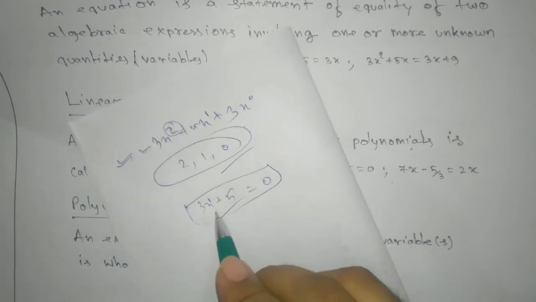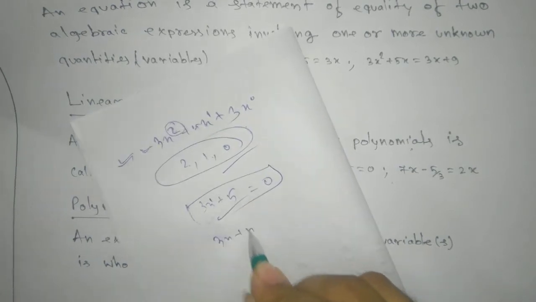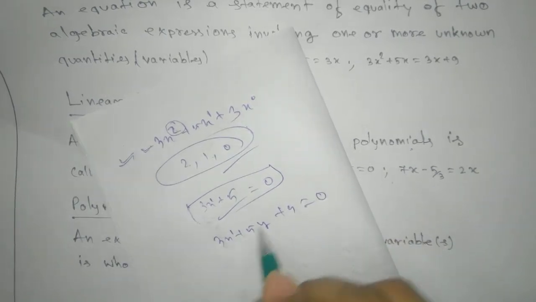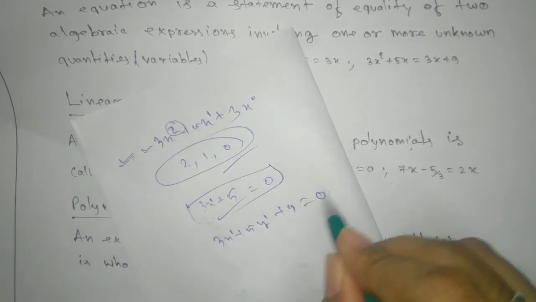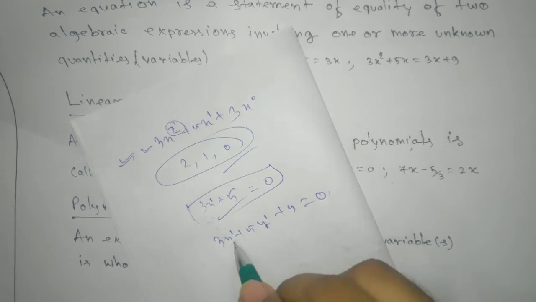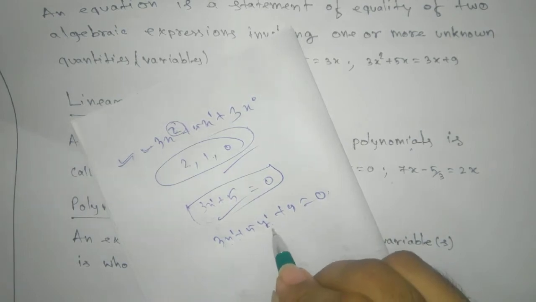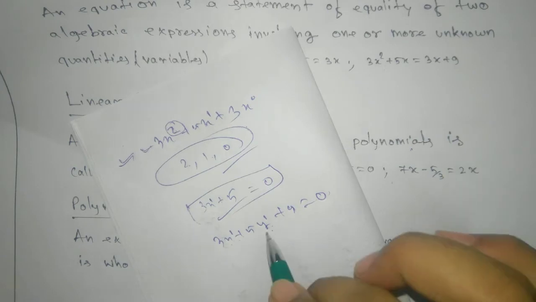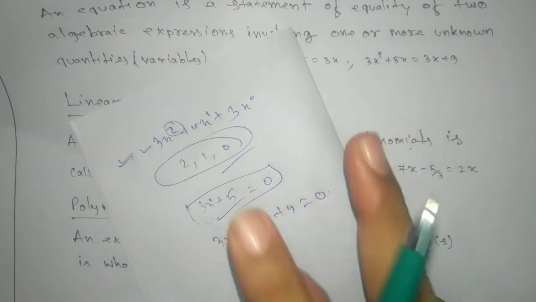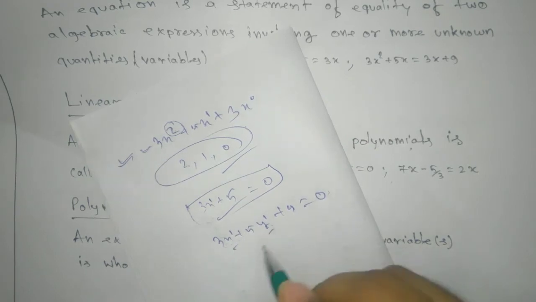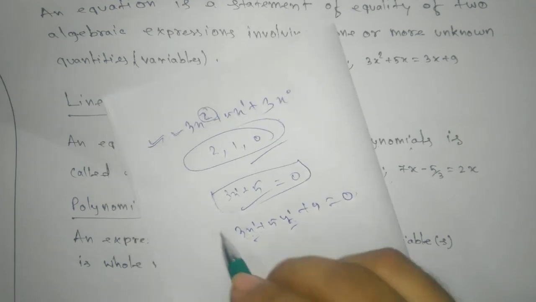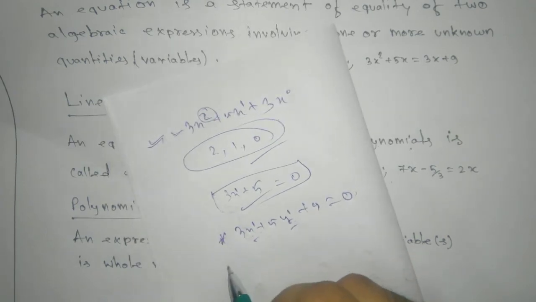And if I take 3x plus 5y plus 9 equals 0, then you can see the powers are 1, 1, 0, but you can see two variables. Then this type of equation is called a linear equation in two variables. In our syllabus we have only linear equations in one variable. We don't have this one right now.